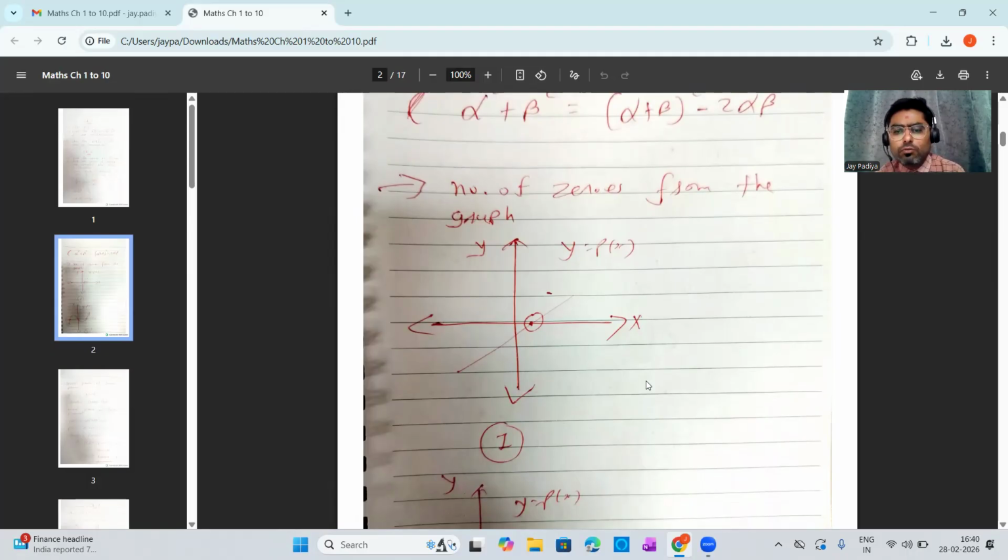You just have to observe how many times this graph intersects the x-axis, right? If the graph intersects the x-axis only one time, then the number of zeros is 1, right? If the graph intersects the x-axis two times, then the number of zeros for this graph is 2, right?